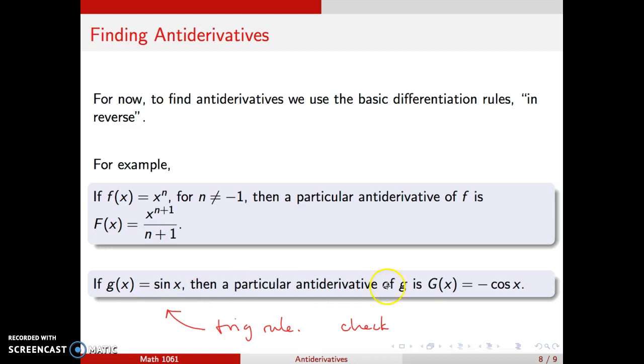If our function was sine of x, an antiderivative would be negative cosine of x. Capital G prime is negative the derivative of cosine of x, and the derivative of cosine of x is negative sine, right? So negative times negative is positive. So sine of x is that derivative, and that checks out.